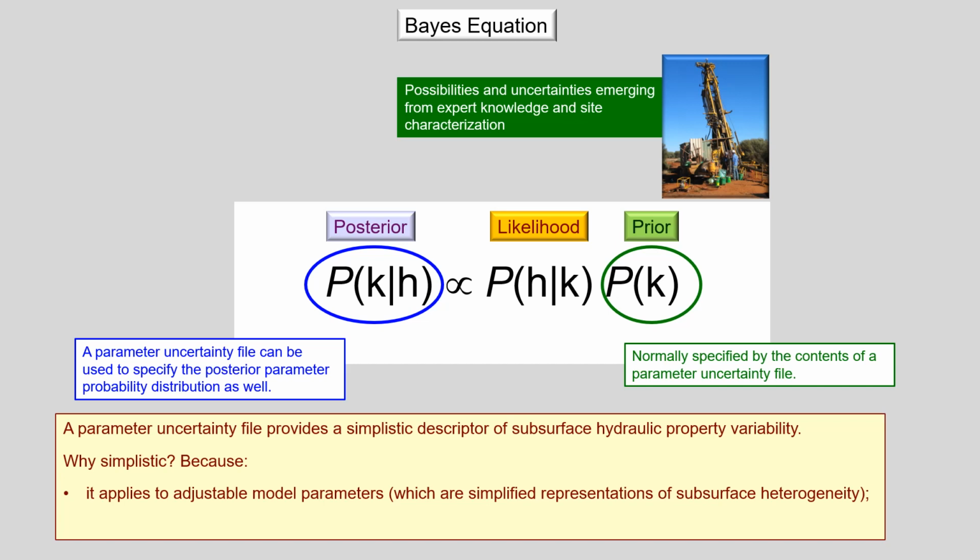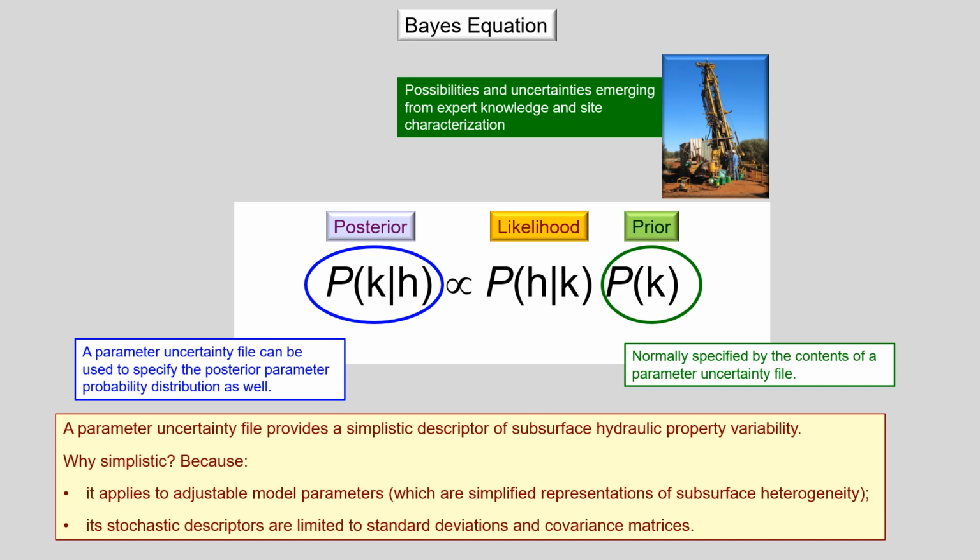They're adjusted in accordance with trying to achieve the goals of history matching. But because they're adjustable, for example, pilot points or something like that, these descriptors of subsurface hydraulic property heterogeneity are necessarily simplistic, and therefore characterization of their uncertainty is necessarily simplistic.